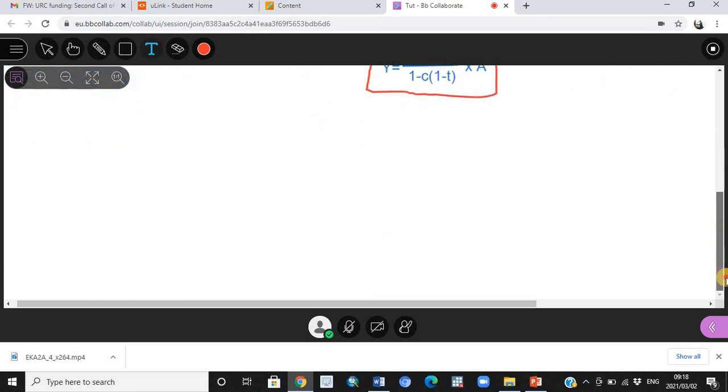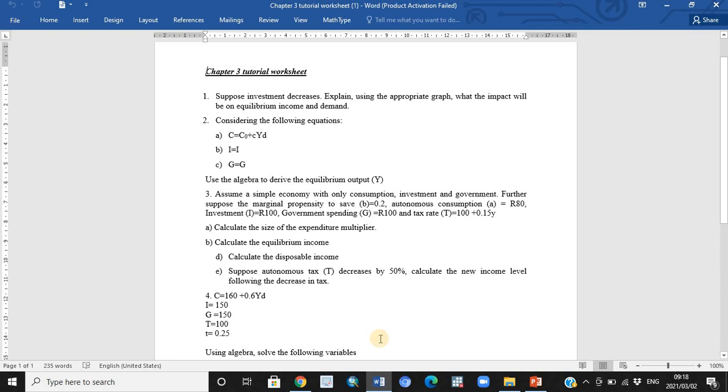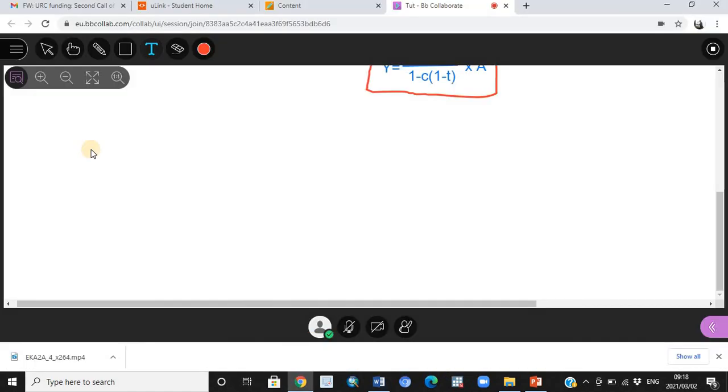Let's move on to question 3. Assume a simple economy with only consumption, investment, and government spending. Further, suppose the marginal propensity to save is 0.2.